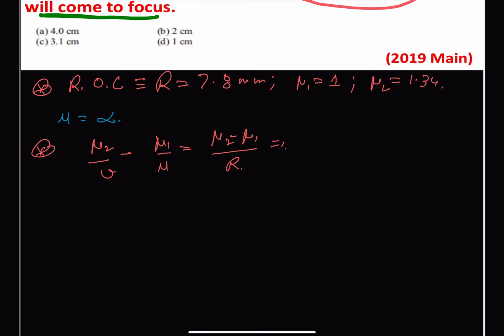We substitute the values. Mu2 is 1.34 by v minus 1 upon infinity equals 1.34 minus 1, and R is 7.8.